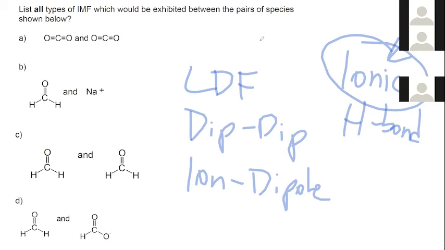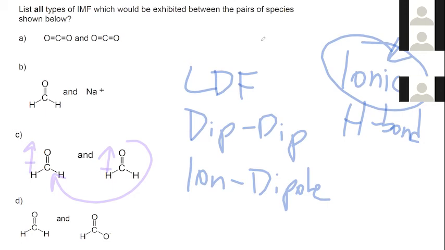They each have a dipole pointing in the same direction. So the more positive part is going to line up with the more negative part. This part would be pointing toward the carbon. They just sort of line up.